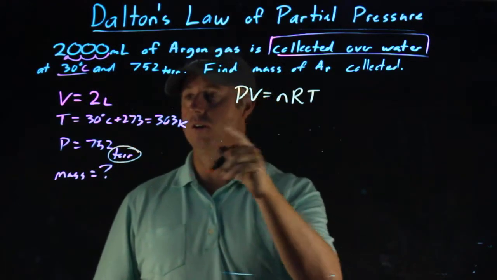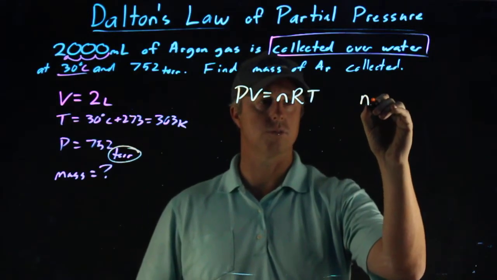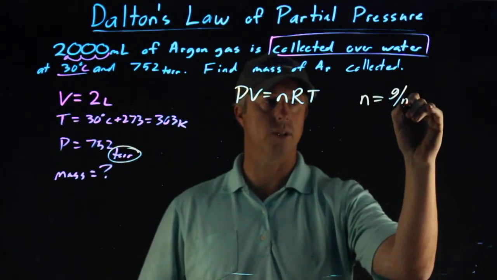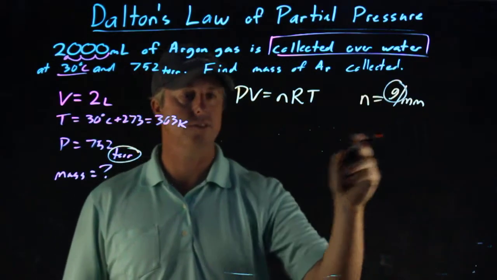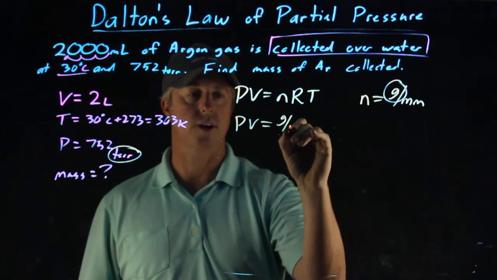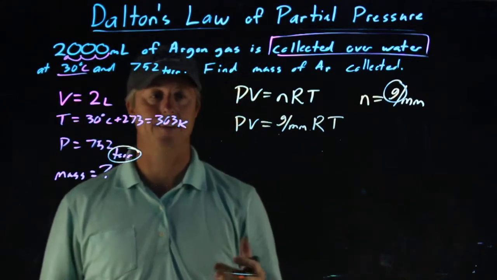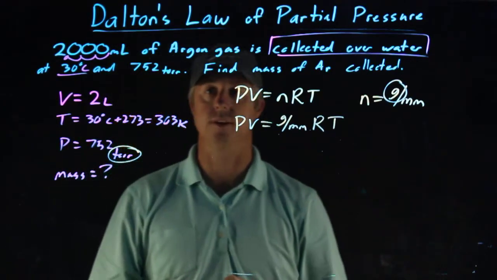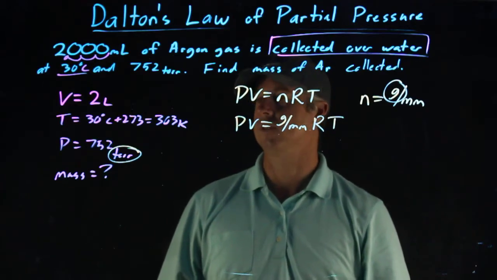I have volume, the number of moles. This could be useful because moles is equal to grams over molecular mass, and I want grams. So I can actually substitute this in as pressure times volume is equal to grams over molecular mass times the gas constant times the temperature. And I have temperature, which I converted to Kelvin, because this problem needs Kelvin, like all of our gas problems.